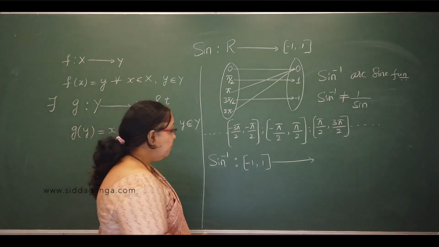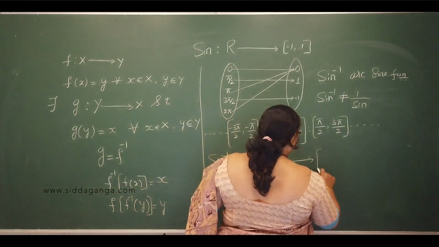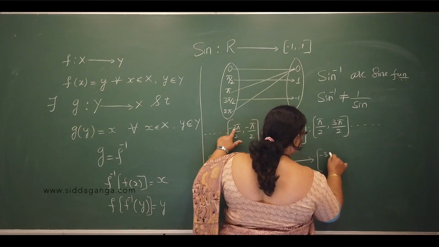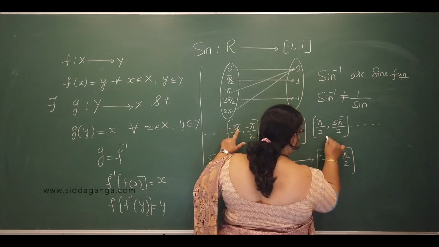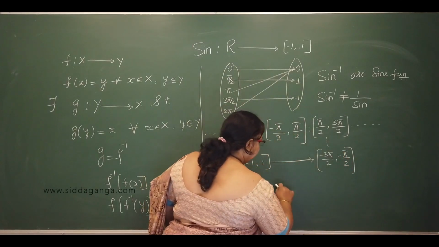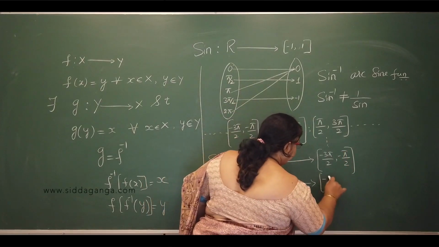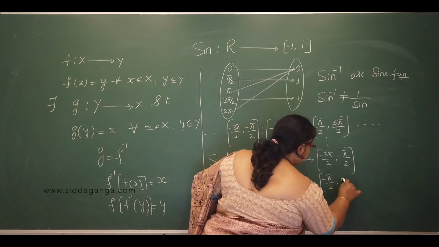So we can take, for example, minus 3 pi by 2 comma minus pi by 2, or we can consider minus pi by 2 comma plus pi by 2.